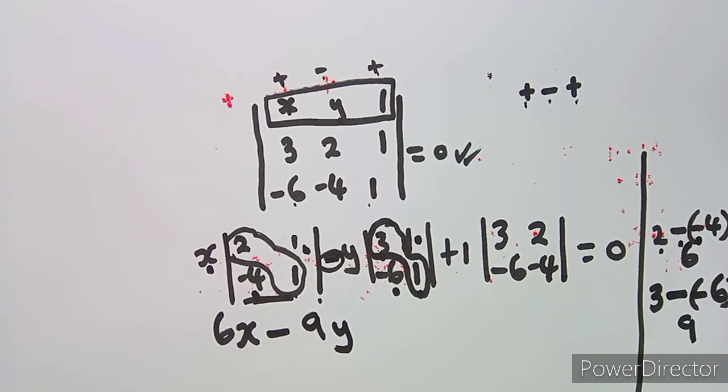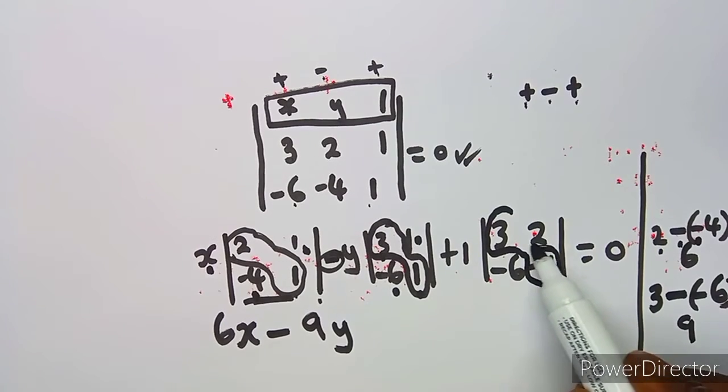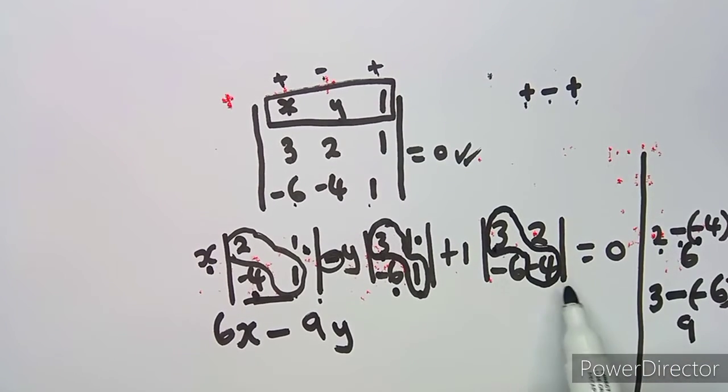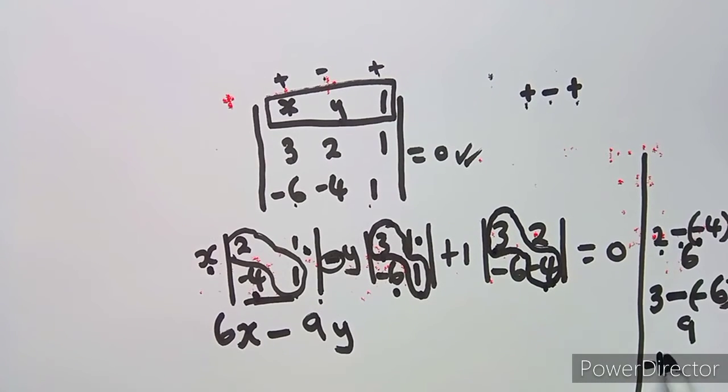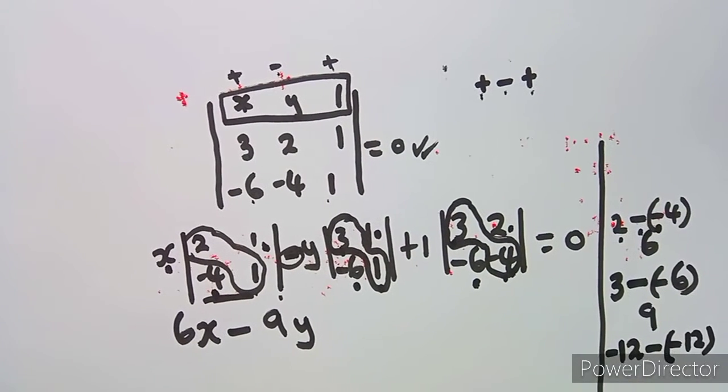All right. We do the same here. This is our major diagonal, which is 3 and minus 4. So 3 times minus 4, that's minus 12, minus 2 times minus 6, which is minus 12 like this. All right, let me just try this side.